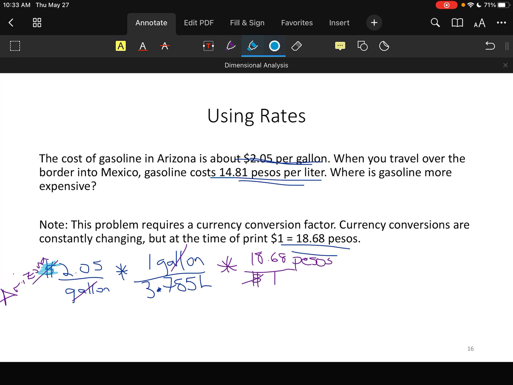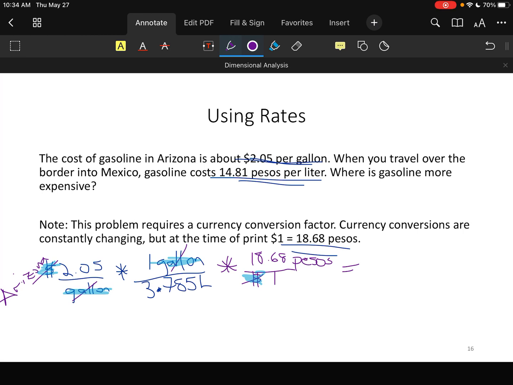Dollars canceled. Gallons, they canceled. And so now I will be left with pesos in my numerator and liters in my denominator. So that'll convert that Arizona gas price to pesos per liter.